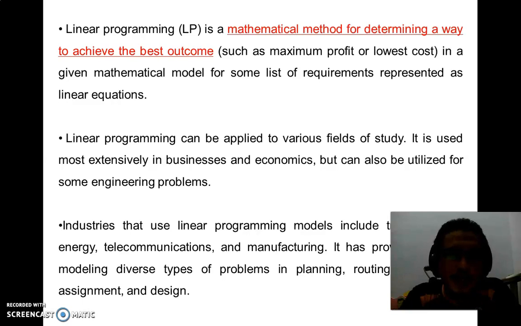It is used in business, economics, and also for some engineering problems. Industries using the linear programming method include transportation, energy, telecommunication, and manufacturing, to get the maximum, which is profit, or the minimum, which is lower cost.